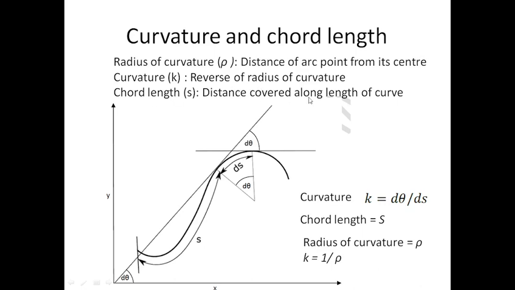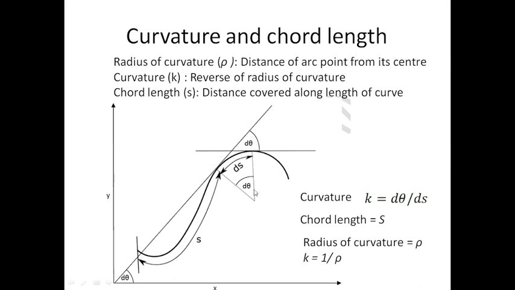Chord length is nothing but the distance covered along the length of the curve. Suppose I ask you what the chord length is. You will simply say that the chord length from this point to this point is the distance traveled along this curve up to this point. So curvature can also be defined in terms of d theta by ds.